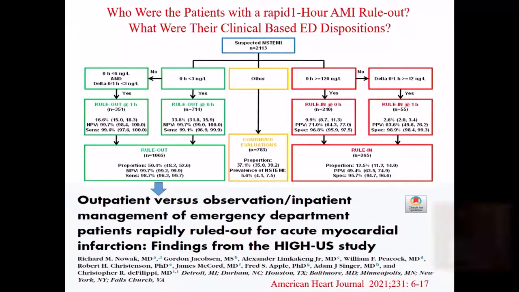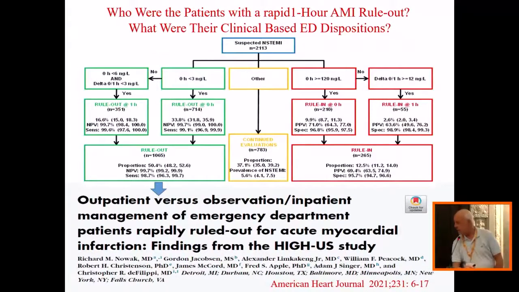When you look at the primary results, you've seen these slides many times before. It's the number that you could rule out, that you could rule in, and the number that were left in the observation zone. What hasn't happened up until now, I don't think, is people looking at how the patients were managed in the ED after they were placed in these zones. We recently published a paper in the American Heart Journal looking at the people that were rapidly ruled out.